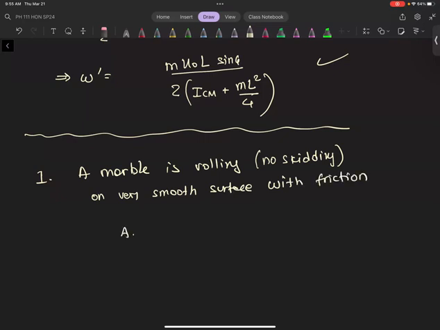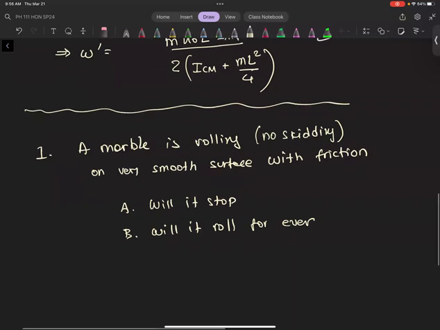A, will it stop? B, will it roll forever? It's A or B, and please disregard what the screenshot you got.